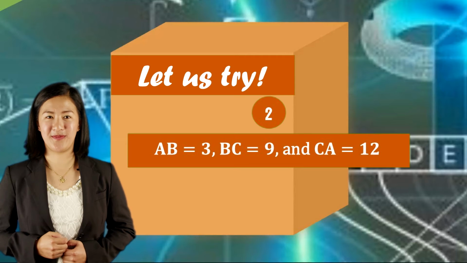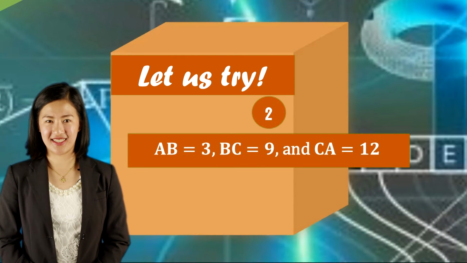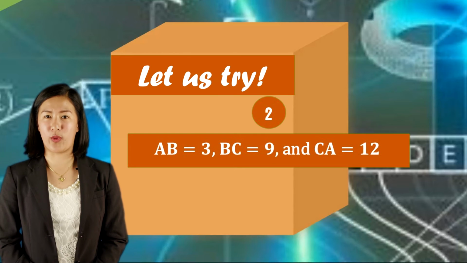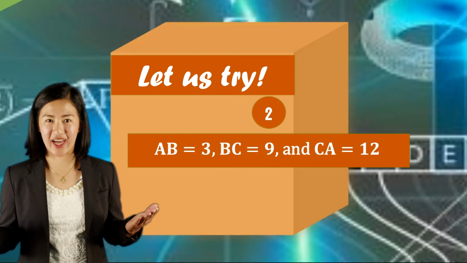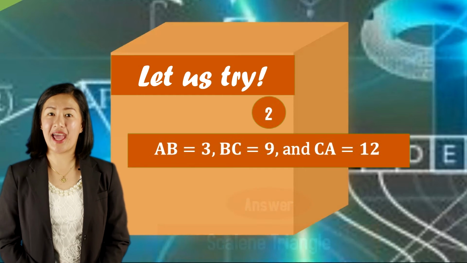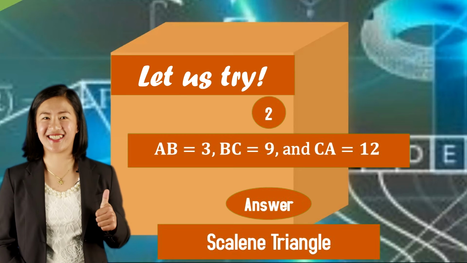Number 2. Side AB is 3 units. Side BC is 9 units. And side CA is 12 units. What type of triangle? If your answer is scalene triangle, you are definitely correct.